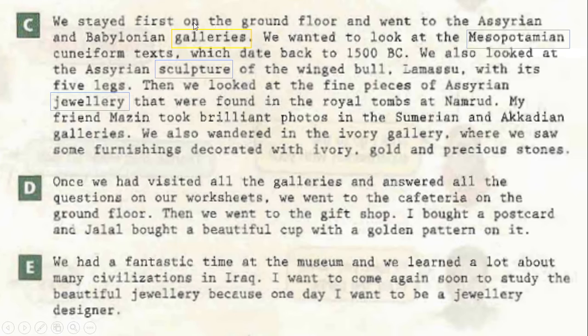We stayed first on the ground floor and we went to the Assyrian and Babylonian galleries. Okay, galleries. Pay attention to this word. We wanted to look at the Mesopotamian cuneiform text, which dates back to 1500 BC.